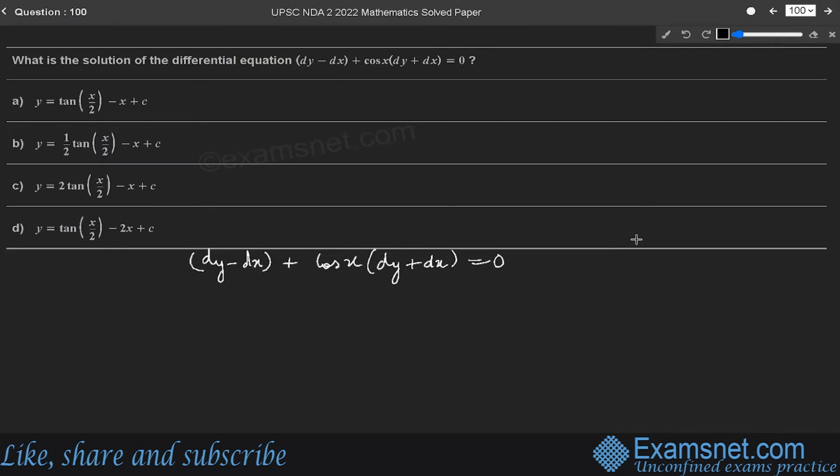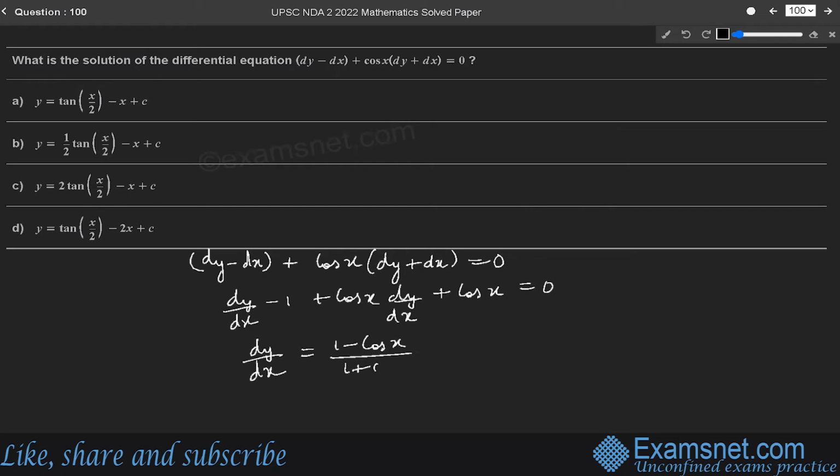This particular differential equation can be written as dy by dx, taking on another side, minus 1 plus cos x dy by dx plus cos x is equal to 0. So again it will be dy by dx is equal to, taking on the other side, 1 minus cos x upon 1 plus cos x.